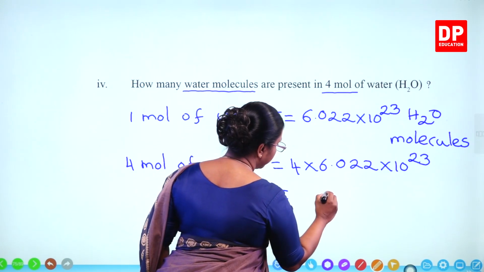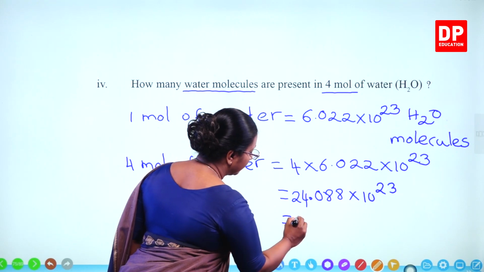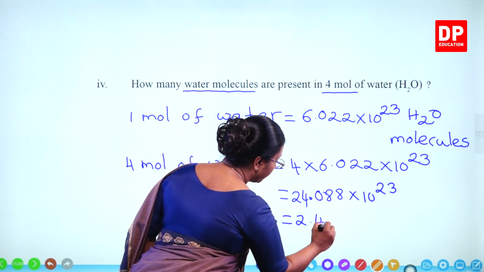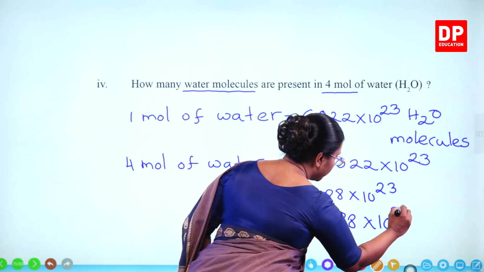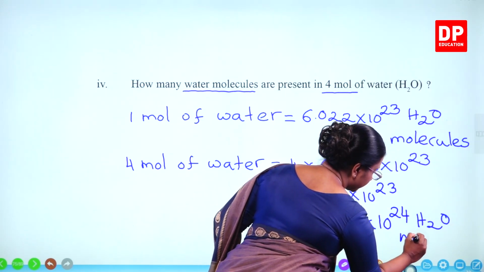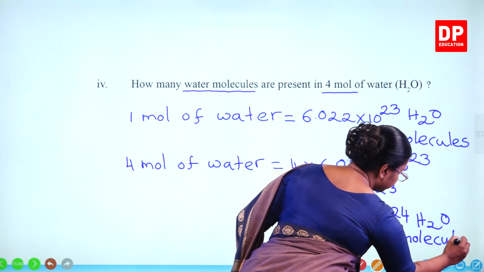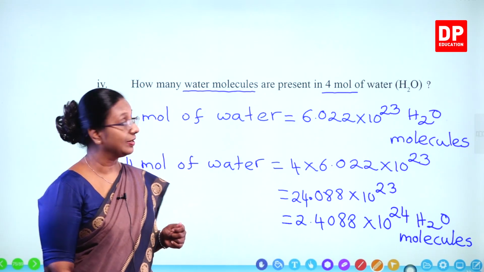So that is going to be 24.088 into 10 to the power of 23. So that can be written as 2.4088 into 10 to the power of 24 H2O molecules. So that is what you were asked to calculate.